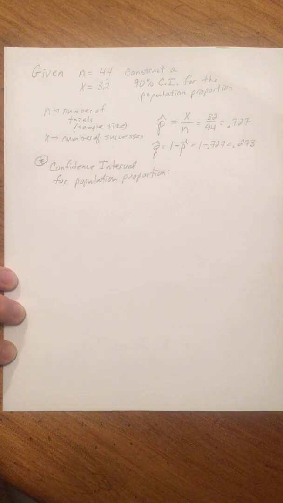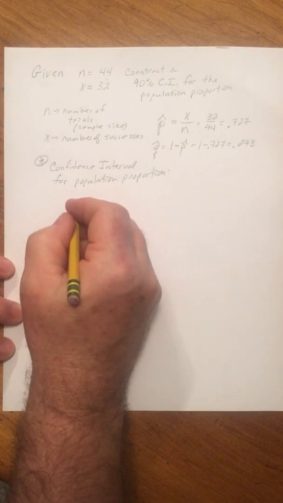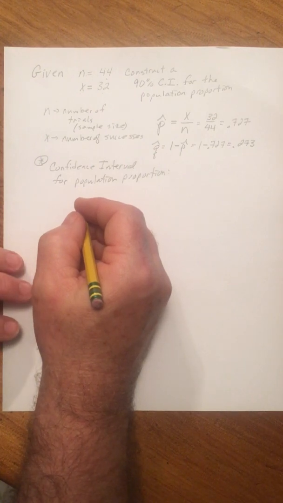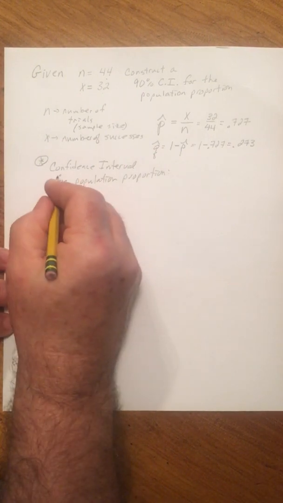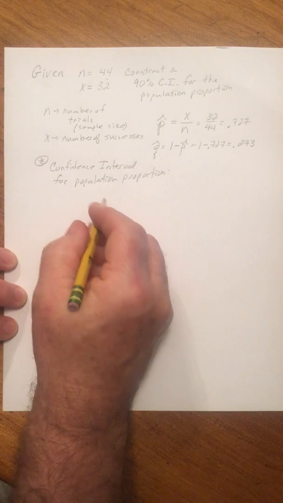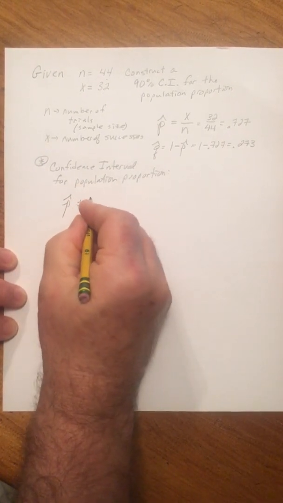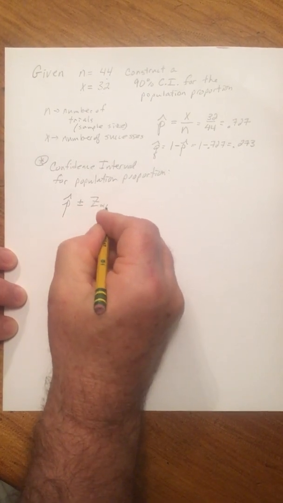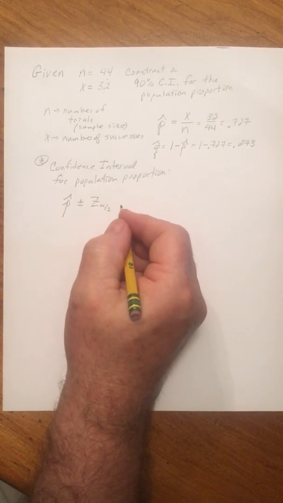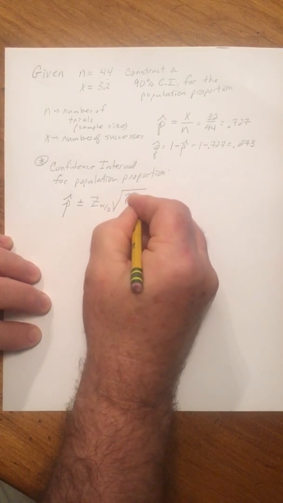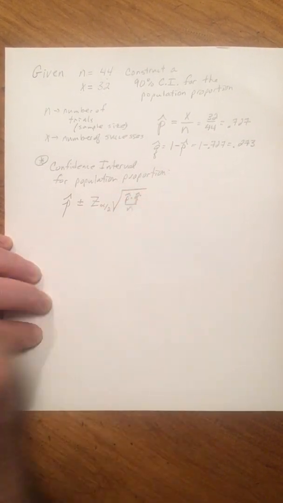And this is on the formula sheet that you can find at the bottom of the class page on my website. The confidence interval for the population proportion is p hat plus or minus z alpha over 2 times the square root of p hat times q hat over n.